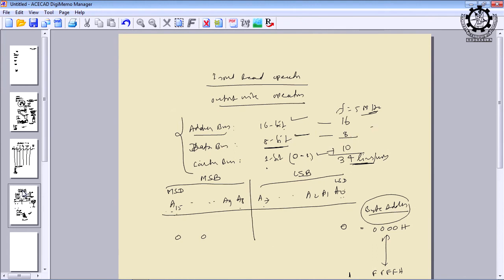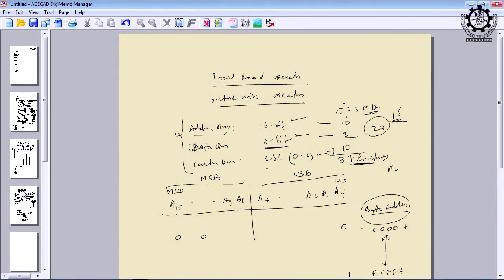So, due to this question, what happened? We are not using 16 plus 8, that is 24 lines, rather we are using only 16 lines such that the data and address both are multiplexed. Now, if I am multiplexing, a question comes, use of multiplexer, and a multiplexer is extra hardware.